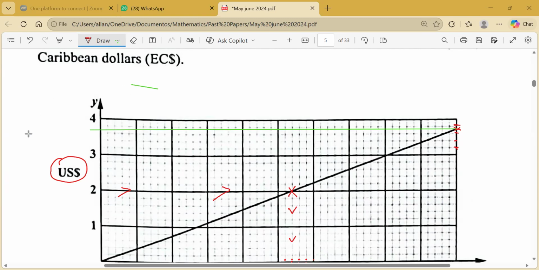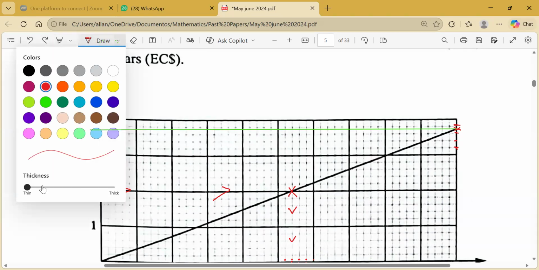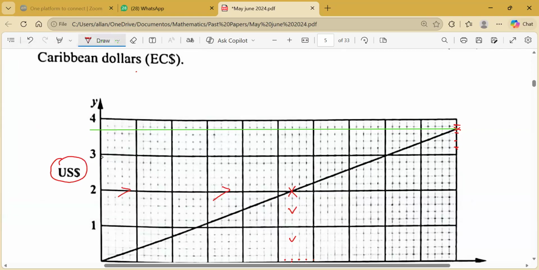Right, okay, good. That corresponds to 3.246.